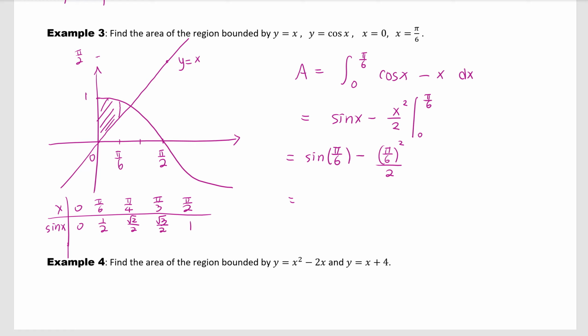How to remember this? Well, you remember the square root of n over 2. So this guy is n equals 0, this guy is n equals 1, n equals 2, n equals 3, n equals 4, and then you get all those numbers. So remember this rule. And how about cosine? Cosine has the same numbers, but you just reverse the order.